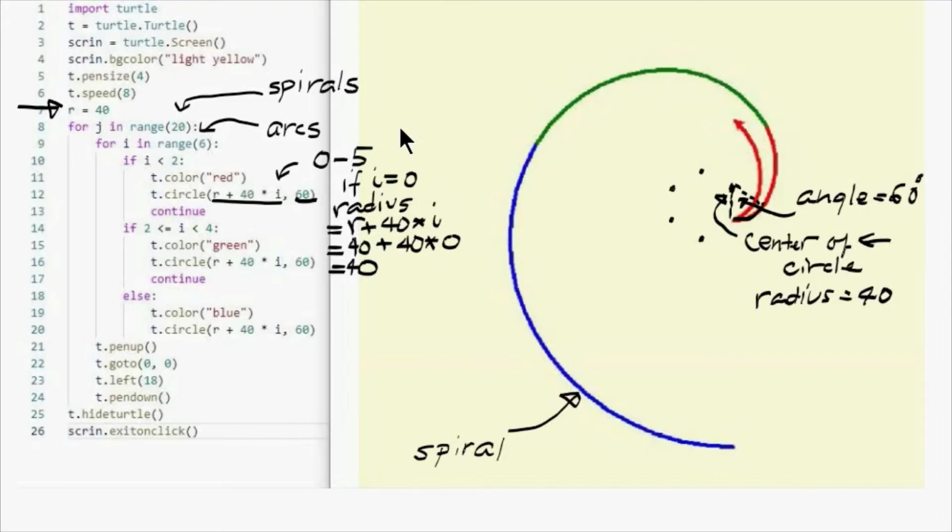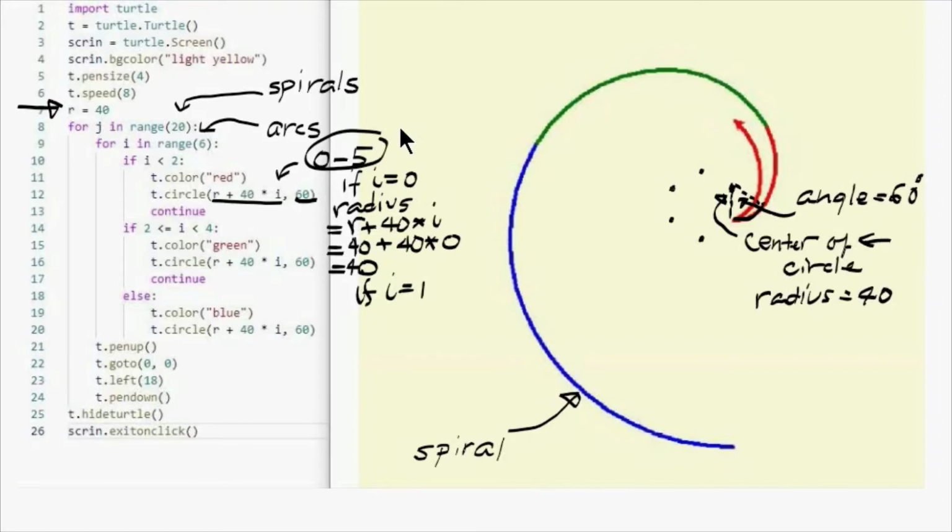Now let's go to the second arc here. The radius of the second circle, if i now becomes 1, remember that our i changes from 0 to 5.